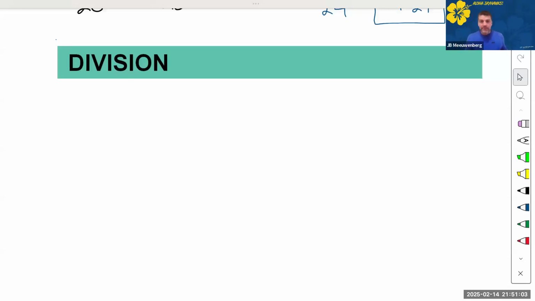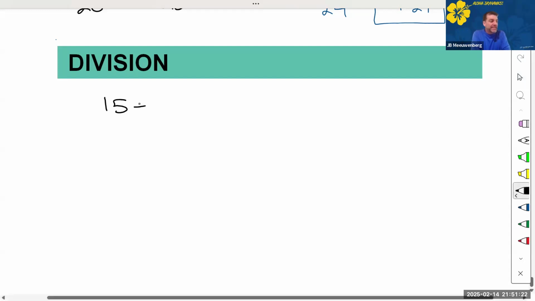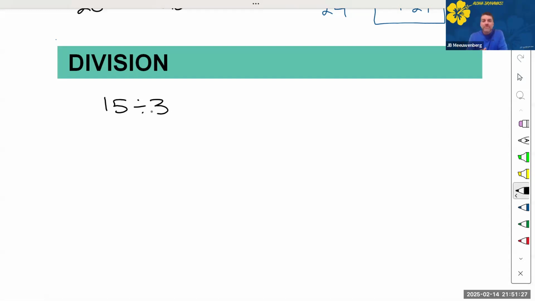Division of fractions can be viewed in much the same way as division of whole numbers. When we looked at division back in that whole number section, one of the meanings was the subtractive concept, which meant that when we were dividing something like 15 by 3, we thought about it as how many times can we subtract 3 from 15? The 3 told us the number in each group.